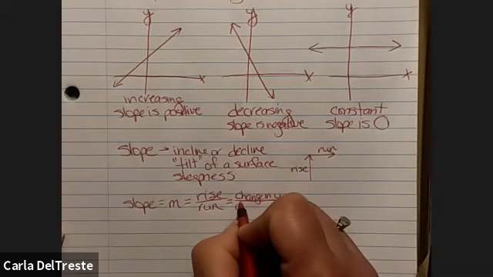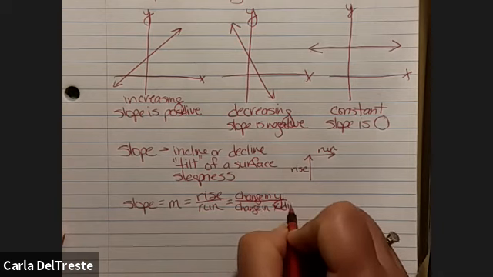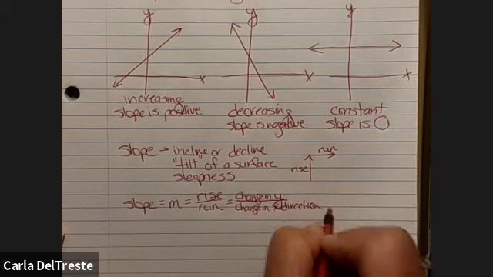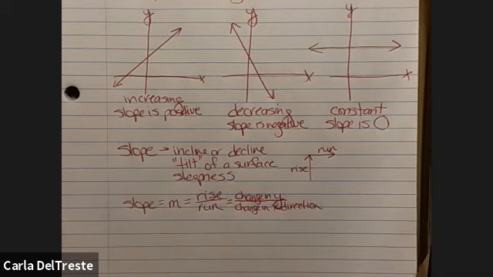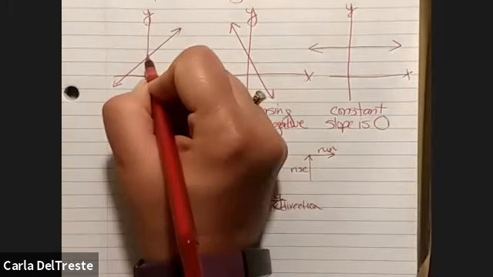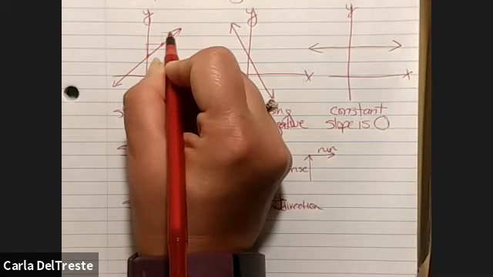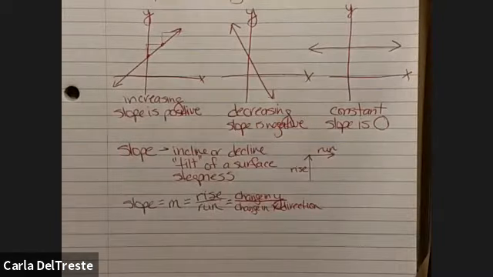And then run is really the change in the x direction. Again, if you're going to talk about it as walking the line, it's how far up do you go between 2 points? So up and over, and then up and over, and you can maintain that same pattern, that same direction.